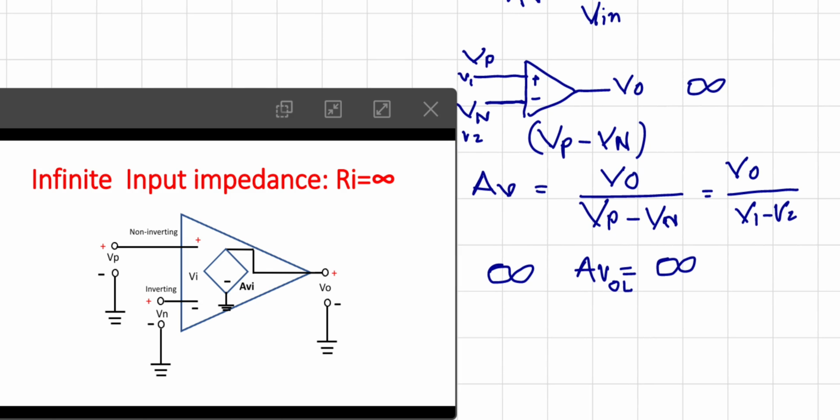So here figure shows that at the input end there is no connection between inverting and non-inverting. That means there is an infinite resistance at the input, so input impedance is infinite, that is open loop.